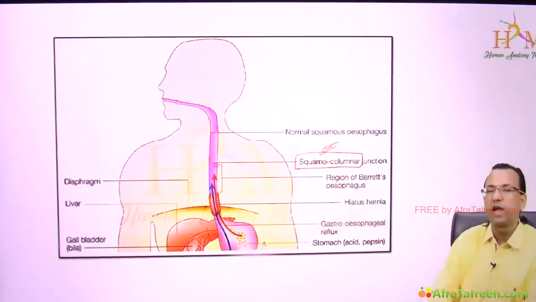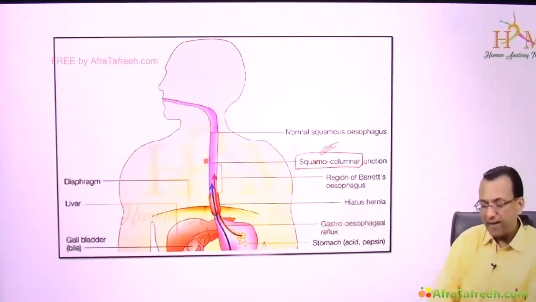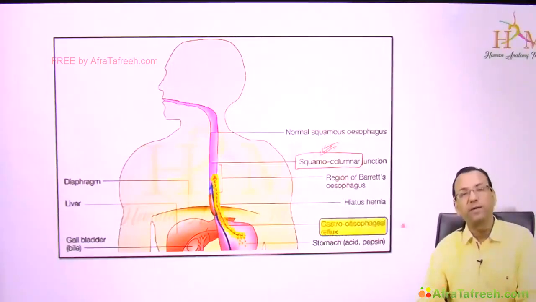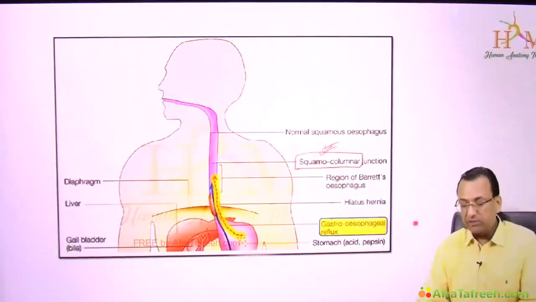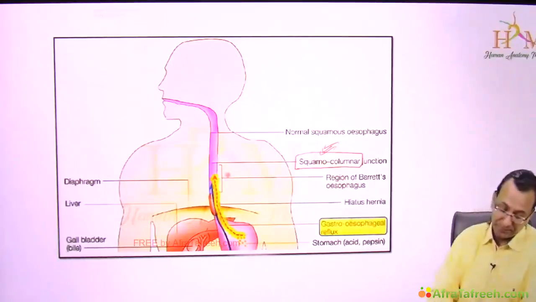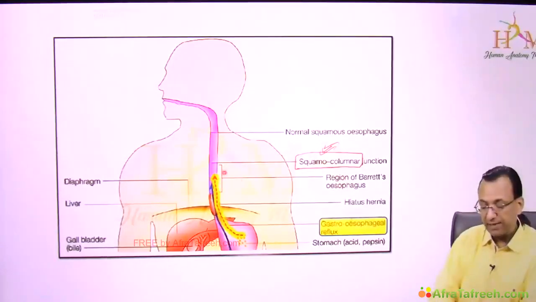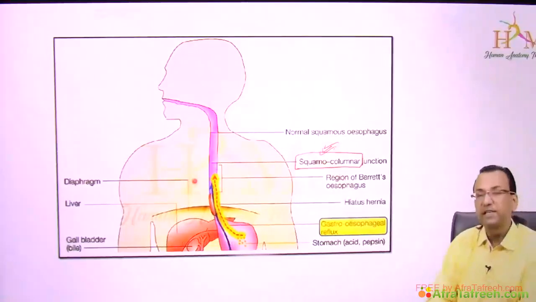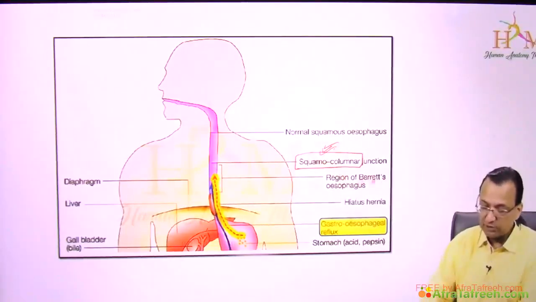Which cancer are you talking about? Adenocarcinoma of the lower esophagus. You have to prevent that. You must treat your patient properly, otherwise a case of GERD might result in metaplasia, dysplasia and cancer. What metaplasia is that? It is Barrett's esophagus you are talking about.